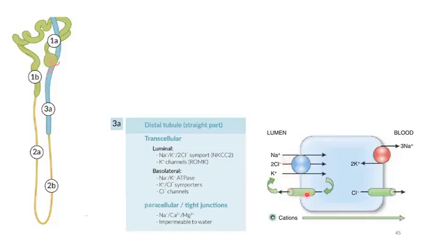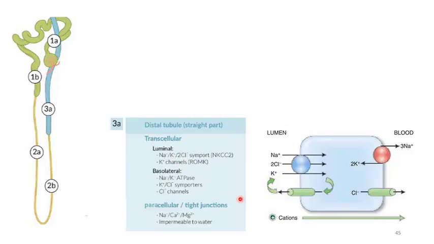Also, a type of potassium channel known as ROMK, which stands for renal outer medullary potassium channel, is important for back outflow of potassium into the lumen, making the charge of the lumen more positive, and this positive charge is important in paracellular reabsorption of bivalent cations such as calcium and magnesium.